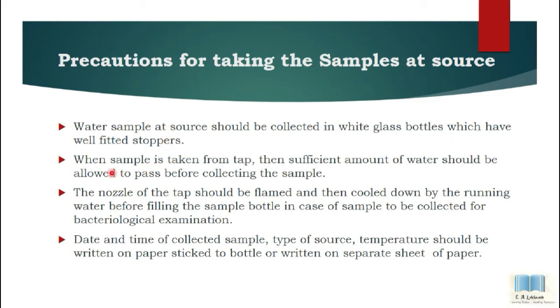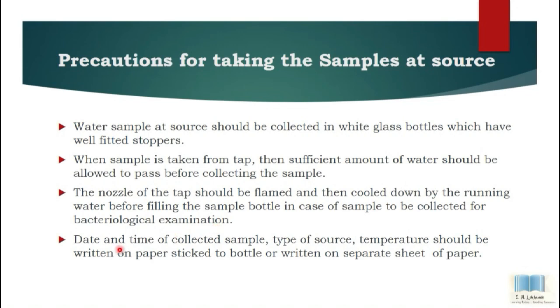Then the second precaution is when a sample is taken from a tap, then a sufficient amount of water should be allowed to pass before collecting the sample. Then the third point is the nozzle of the tap should be flamed and then cooled down by the running water before filling the sample bottle, in case the sample is to be collected for bacteriological examination.